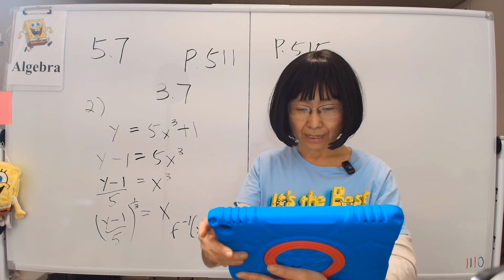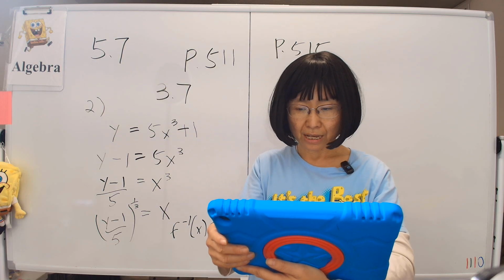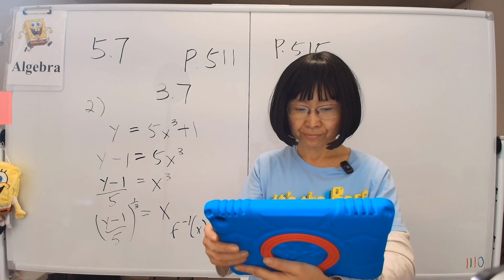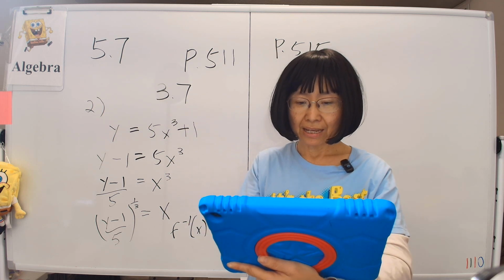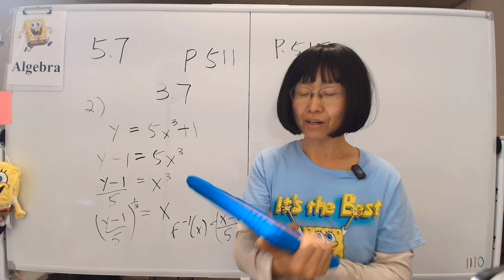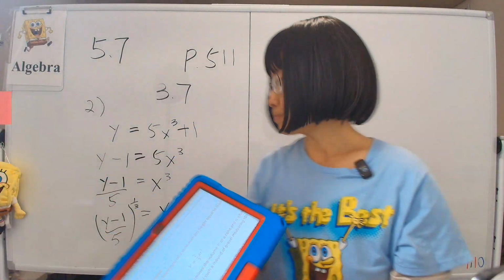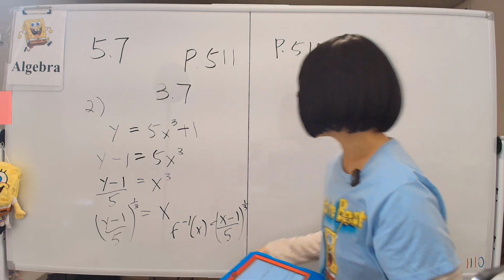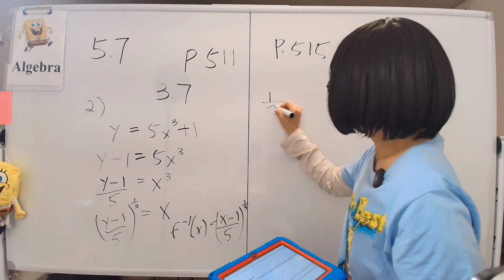Next, let's look at example 6. Here is some kind of cone, and the volume is given as this. Generally speaking, the volume of a cone is 1/3 pi r squared times h.